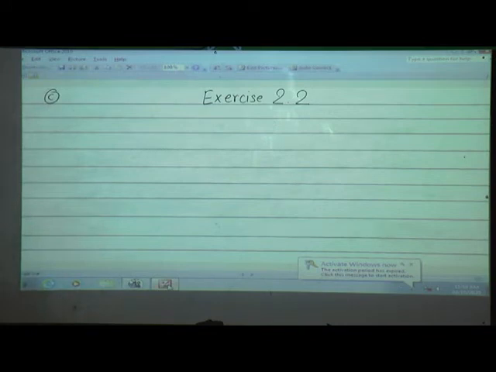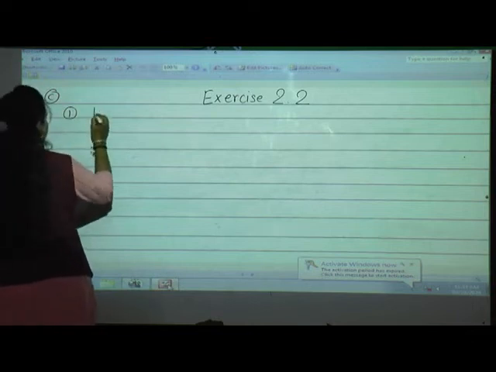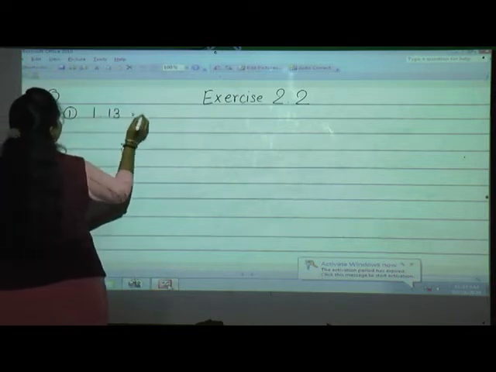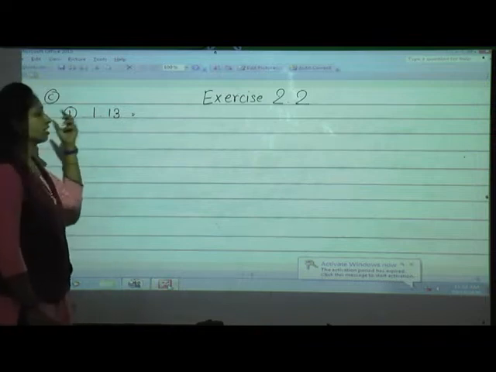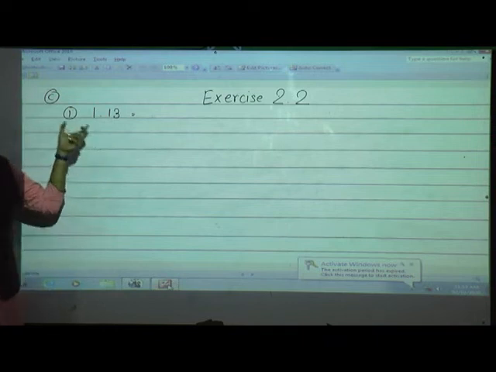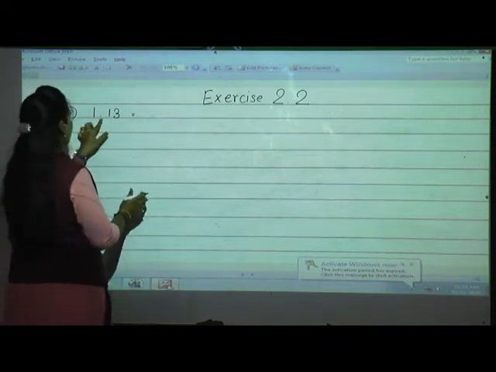Write as fractions or mixed fractions. Now they have given the decimal points. Now we have to convert this into fractions or mixed fractions. As they had given the question, it depends on that. Now see students, just now we have solved the same but just the reverse. Now whole number is there.